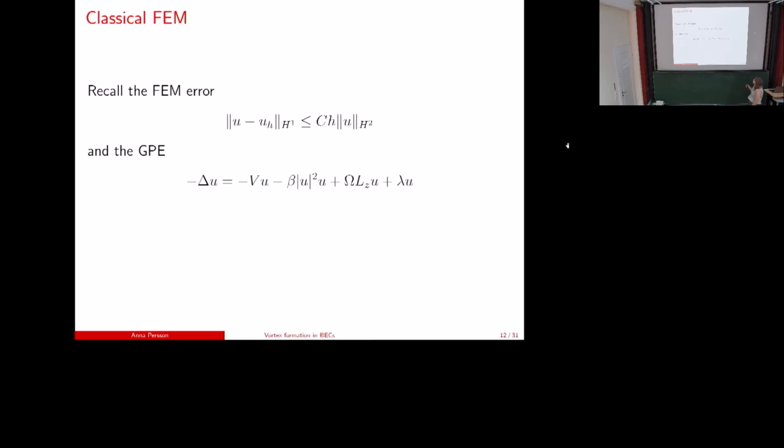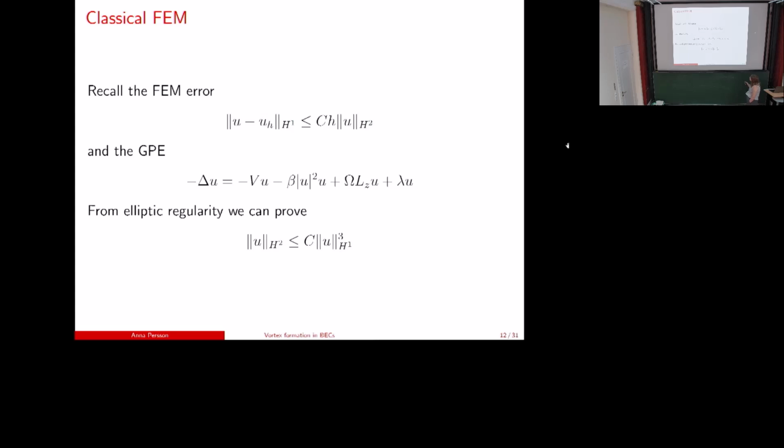Okay, so let us compute a little bit. So recall this error, the H1 error. We have this bound. And this is the Gross-Pitaevskii equation. But now I move everything except for the Laplacian to the right-hand side. The reason that I did this is because I want to use elliptic regularity theory. So I want to prove something for the H2 norm of u.